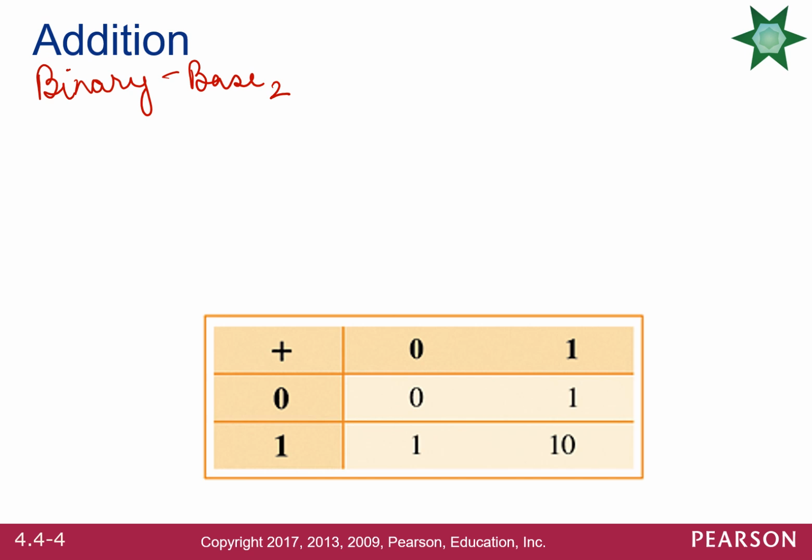Now let's note the numerals that would be used, or that are there in a base 2 system. The only numerals in the base 2 system are 0 and 1. And recall that the highest numeral should be 1 less than whatever your base is. So if your base is 2, then the numerals can go as high as 1 less than whatever base you're using.